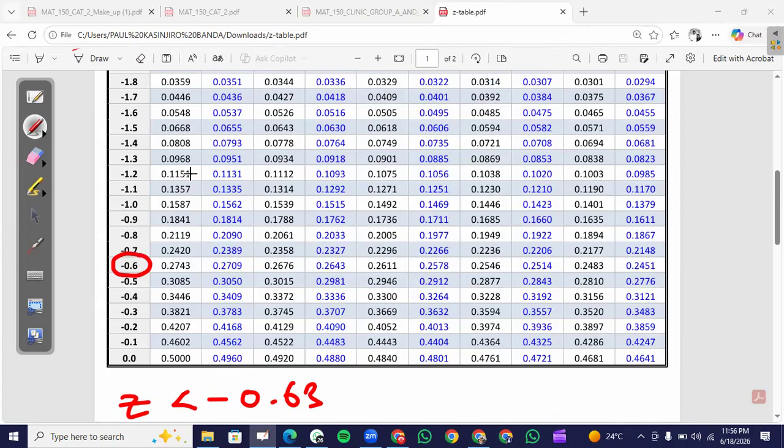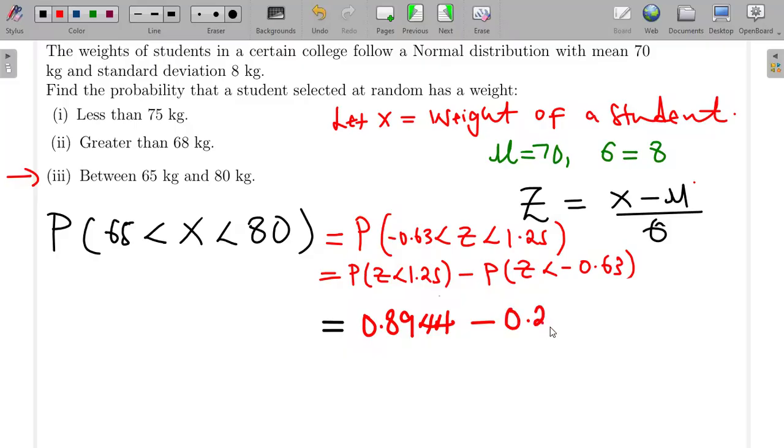This is 0.00, 0.01, 0.02, 0.03. It's here. So I'm coming down there, and going across like that. What is the answer there? It is 0.2643. And then we subtract this to get our final answer.